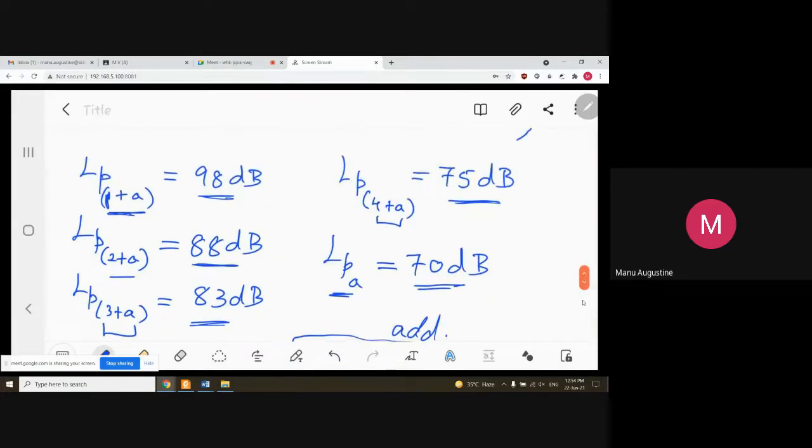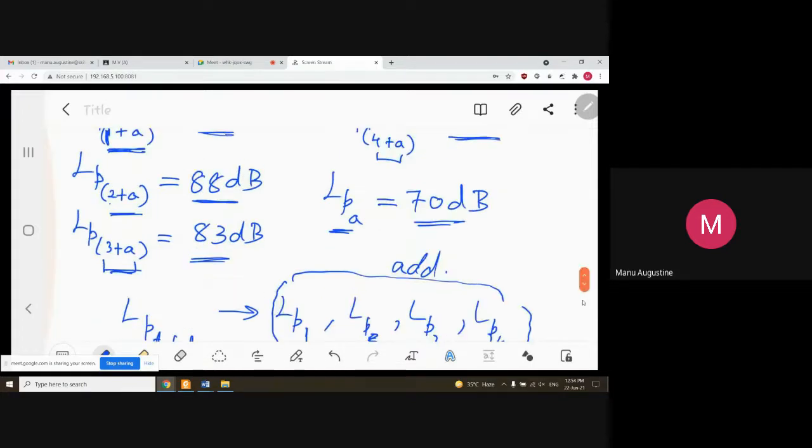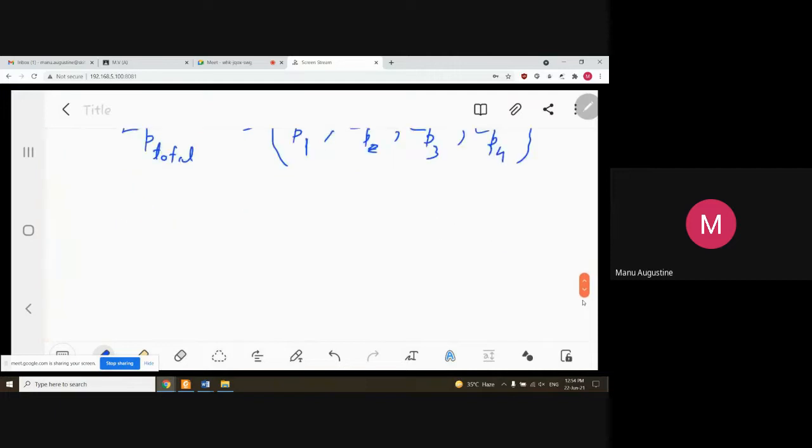Right now, the values that I have are LP1 in combination with ambient, LP2 in combination with ambient, and so on. So how do I separate them and then add the remaining parts? For this, the first approach is, I can find my LP1 value independent of the ambient by performing this calculation.